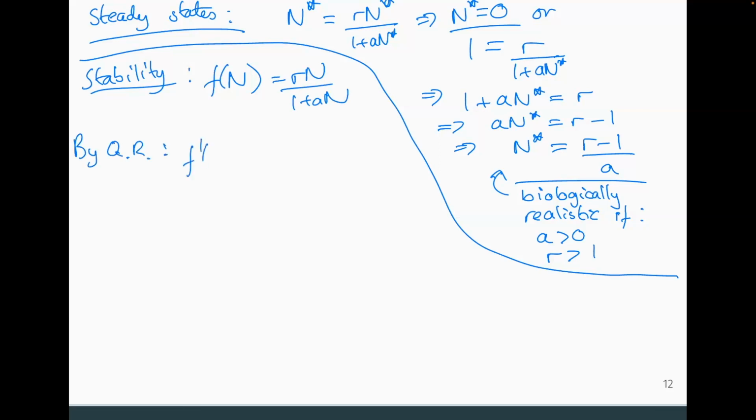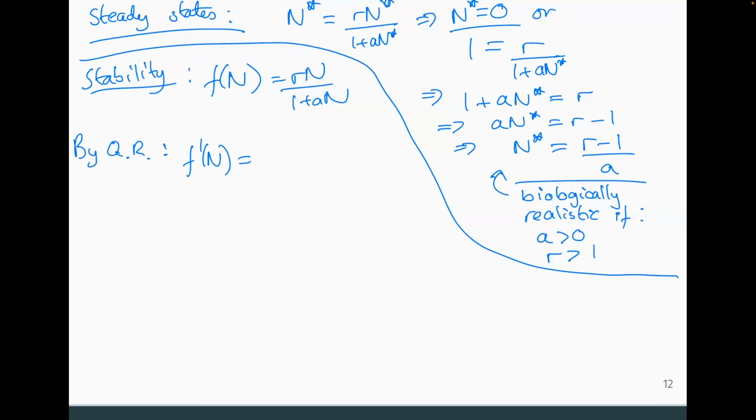So f prime of n is going to equal, take the derivative of what we have. Let's see, just make sure I've done this correctly. Yeah, this should be right, I think.